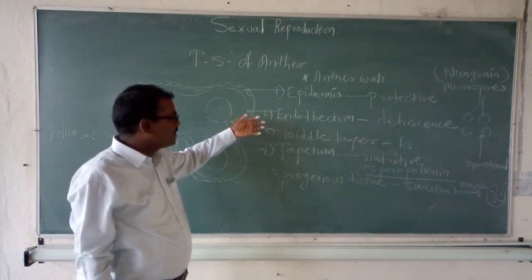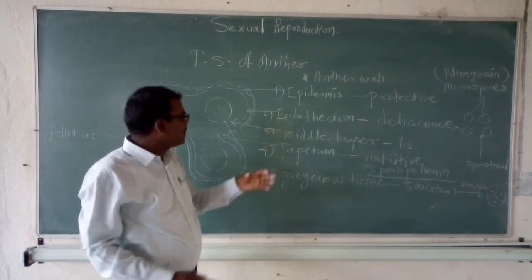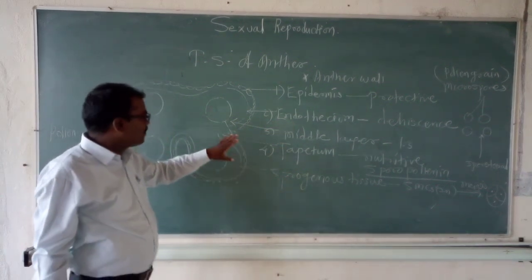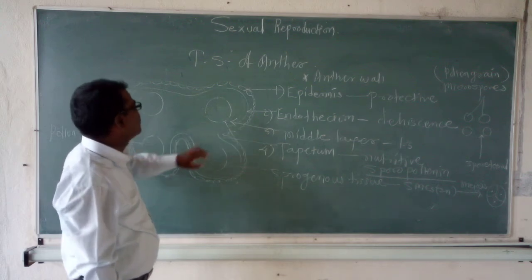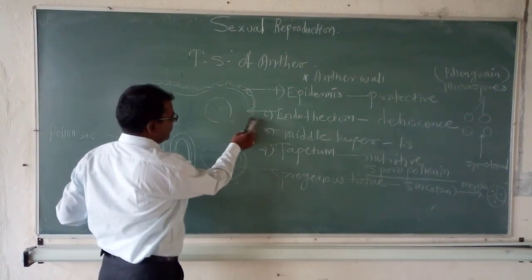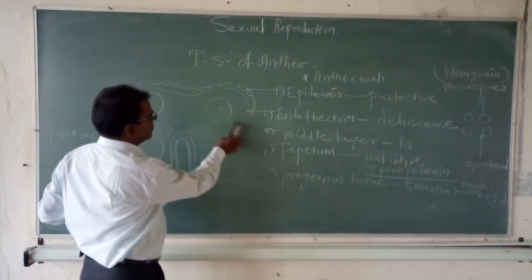After maturity it becomes dry and there is dehiscence, and the middle layers merge. This is the line of dehiscence.